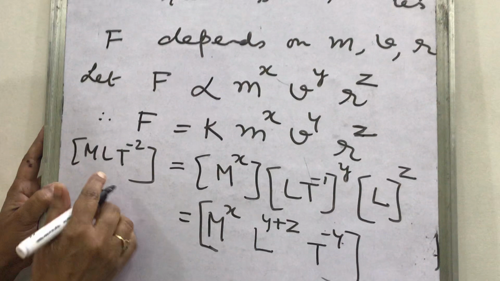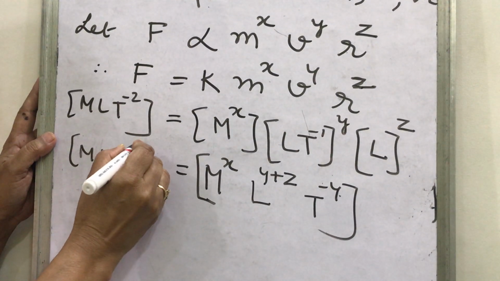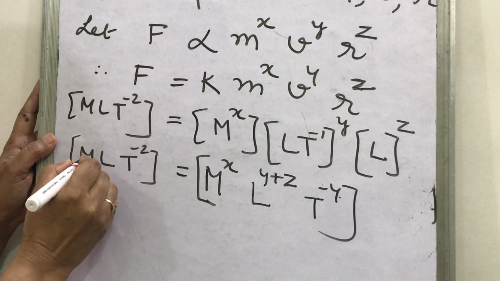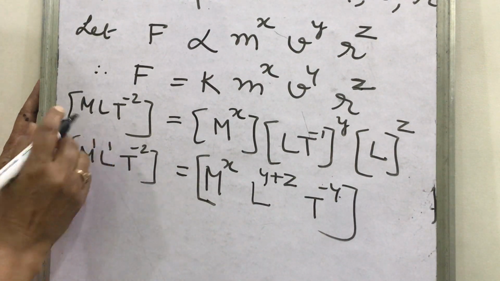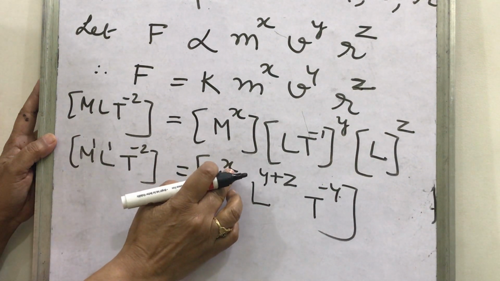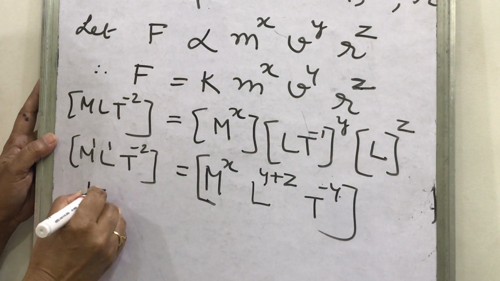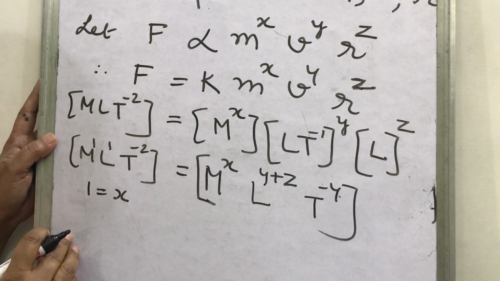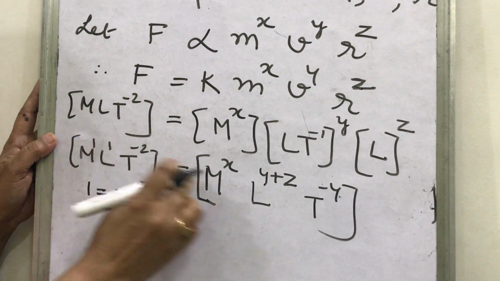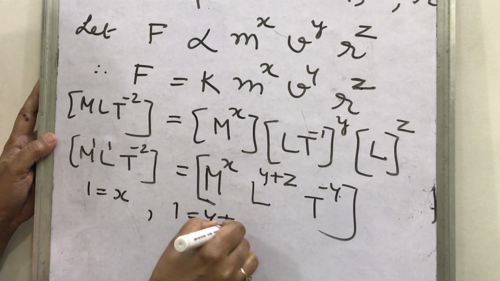Then compare the dimensions of LHS and RHS. Pay attention: M to the power x here, and what is the power of M on the left? 1. So what is the equation? 1 equal to x. L to the power 1 here, and what is on the right? y plus z. So 1 equal to y plus z.